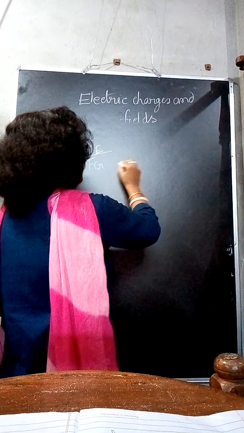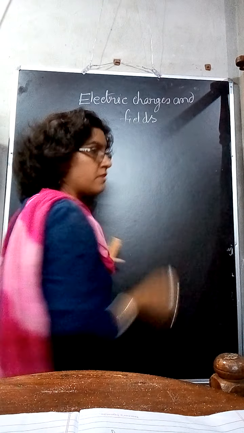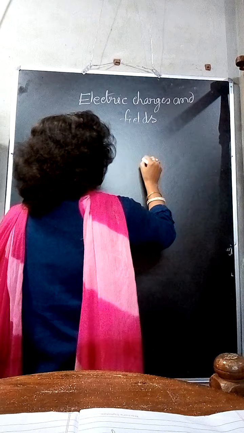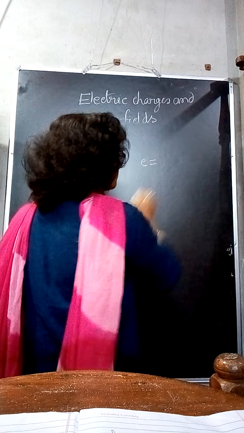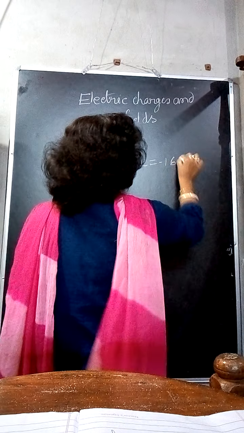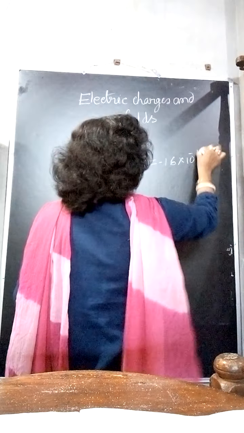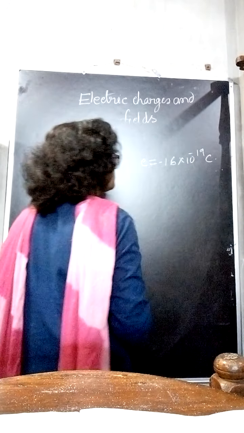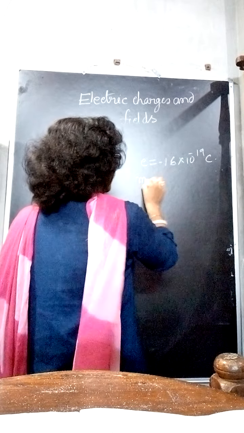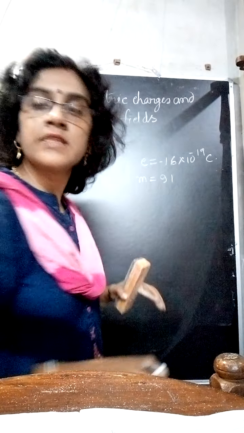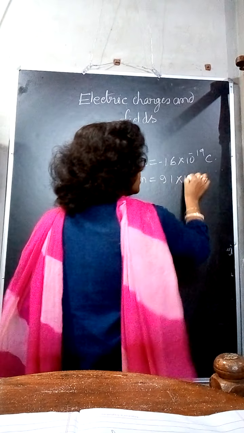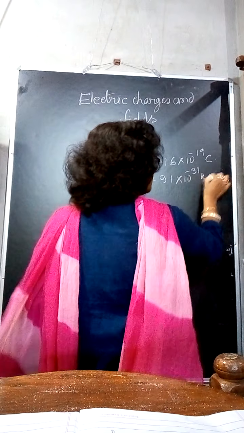In the problem, the charge of the electron is given as 1.6 into 10 to the power minus 19 coulomb. The mass of the electron is 9.1 into 10 to the power minus 31 kg.